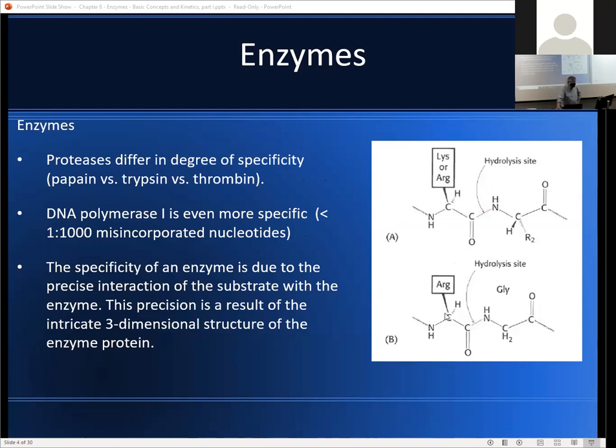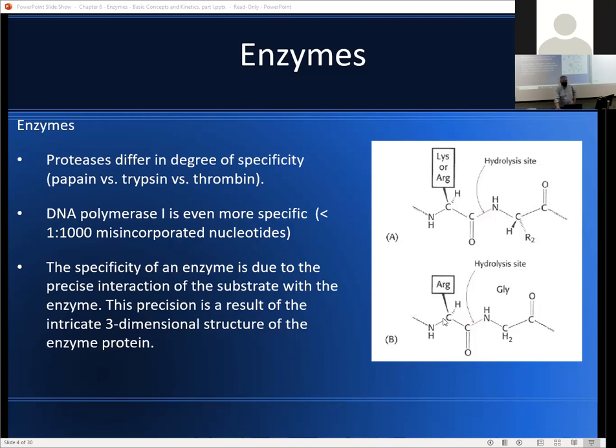Over here in A, we see the hydrolysis site for trypsin. Trypsin is a protease, and it will cut proteins on the carboxyl side of a positively charged amino acid. The two positively charged amino acids are lysine or arginine. So thrombin is specific for peptide bonds on the carboxyl side of a positively charged amino acid.